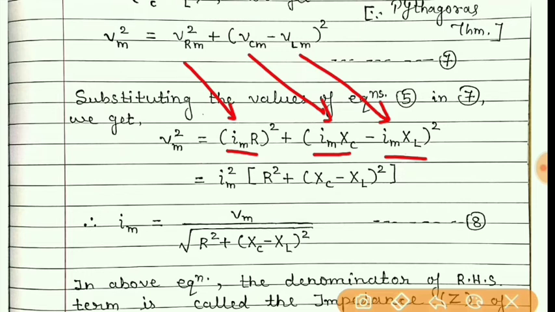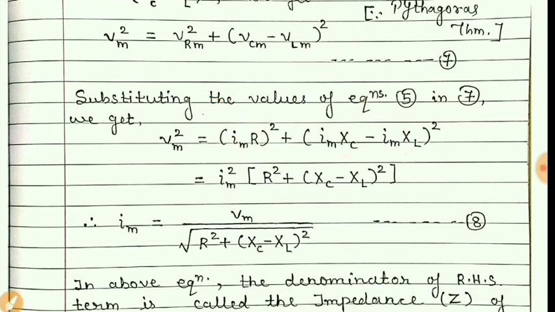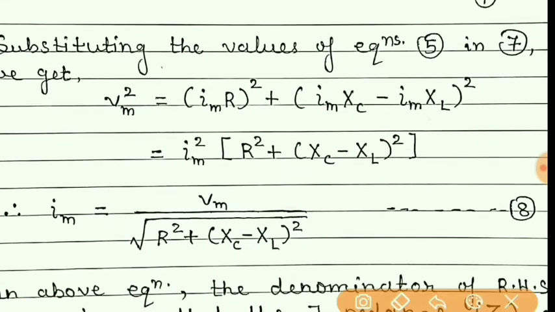Now you can see Im is common in all the terms, and it is squared. So Im square is taken out. Now taking Im square out, what remains here? R square. And what remains here?